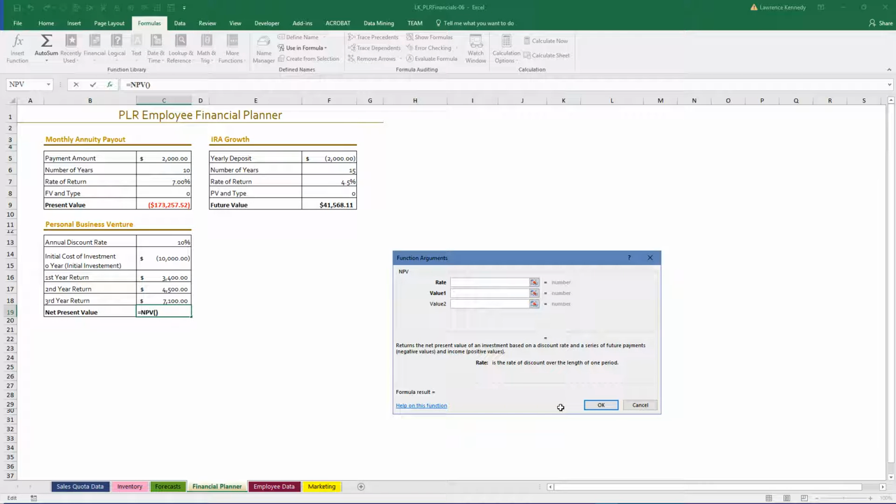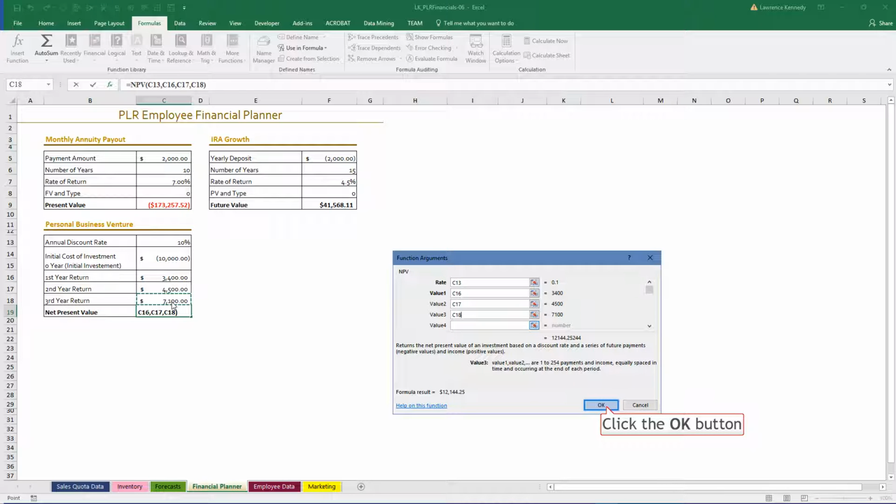So what is my rate? Well, my rate is 10%, which is C13. And what is the first value? The first value is C16, and I'm going to show a series of payments. So it'll be C17 and another payment, C18.